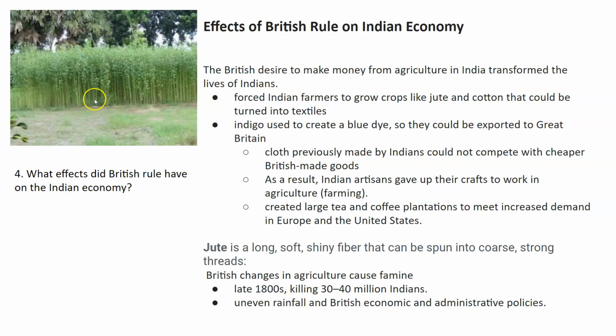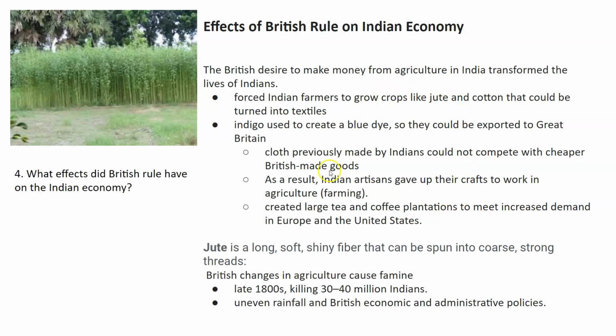This is a picture of jute. This is how it grows. Cloth that was previously made by Indians could not compete with cheaper British-made goods. As a result, Indian artisans gave up their crafts to work in agriculture or in farming. They created large tea and coffee plantations to meet increased demands in Europe and the United States.